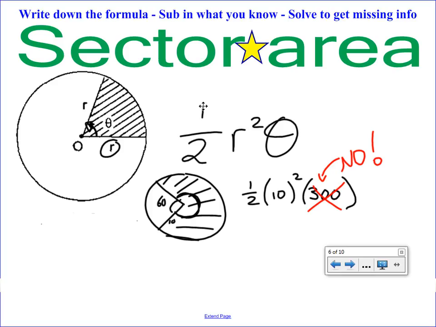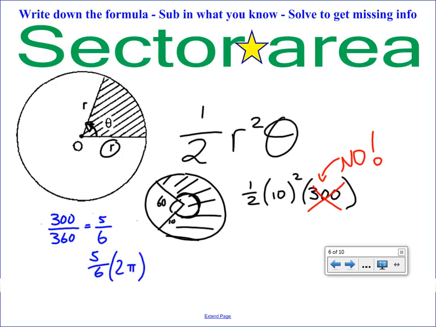So we are looking at, like you said, a ratio. We've got 300 out of a potential 360. So what does that simplify to? 5 over 6. So we've got that much of the circle, and we know that the full angle is 2 pi.